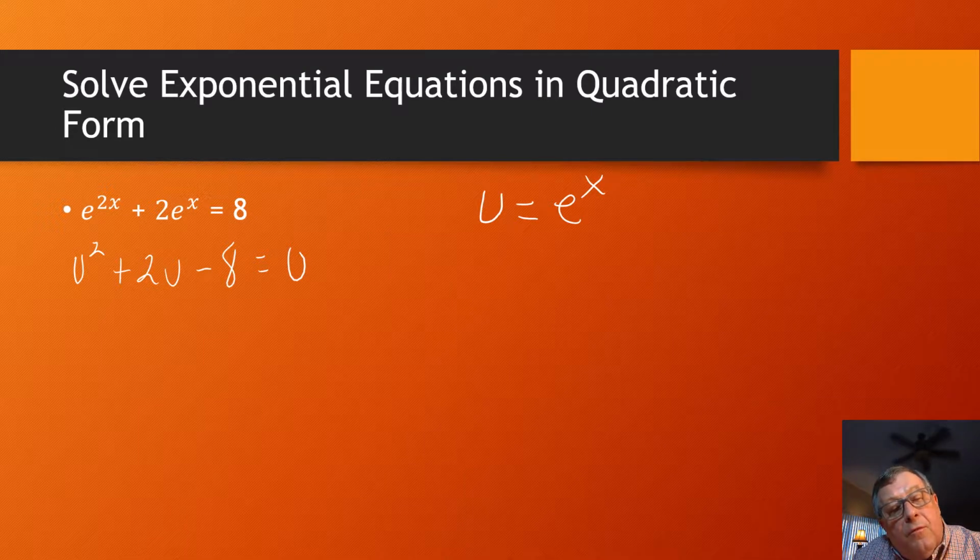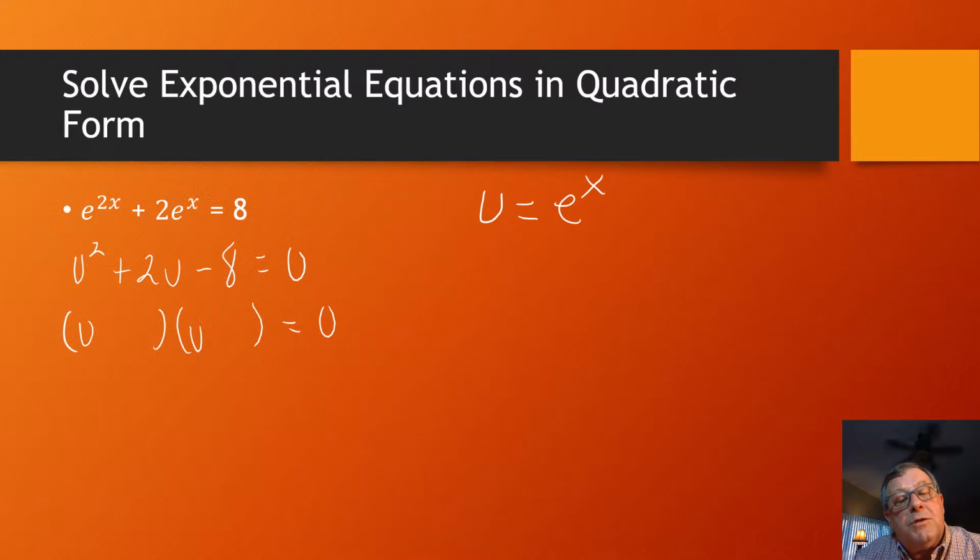And I'm going to factor this. I'm going to draw two sets of parentheses here. I'm going to put a u and a u on the left side for the u squared. My constant is negative, and my middle term is positive, which means I've got to have a plus and a minus inside my parentheses.